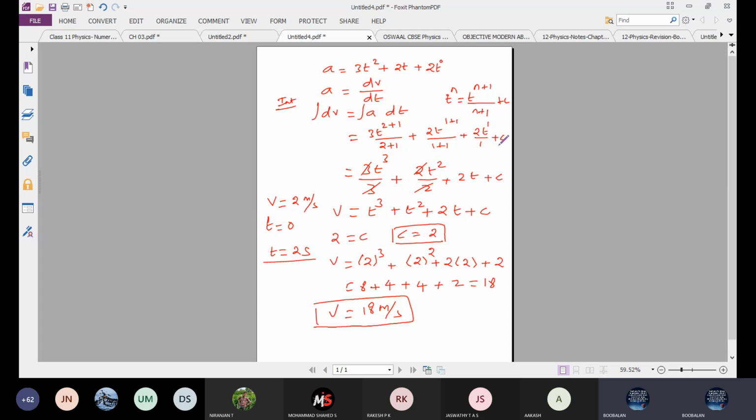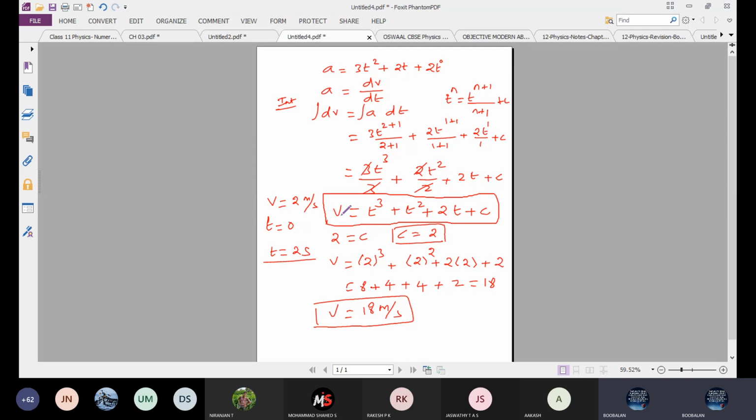C means integration constant. 3 cancels, 2 cancels: 2t plus c. V equal to t cube plus t square plus 2t plus c. This is a general formula for velocity. After integration, you will get this formula.